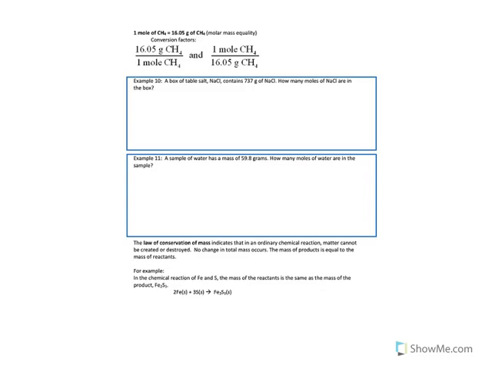There are approximately 12.01 grams of carbon in 1 mole of carbon and 1.01 in 1 mole of hydrogen. There are 4 moles of hydrogen, so 12 plus 1.01 plus 1.01 plus 1.01 plus 1.01 gives you 16.05. From this, you can write 2 conversion factors. You can say that there are 16.05 grams of methane in 1 mole of methane, or you can say that 1 mole of methane weighs 16.05 grams.